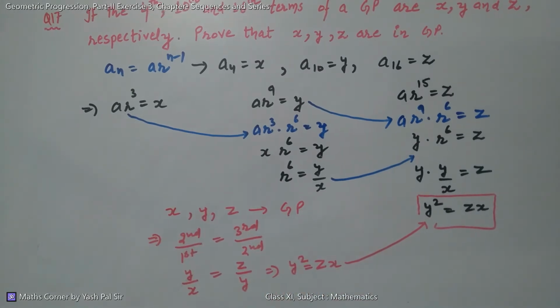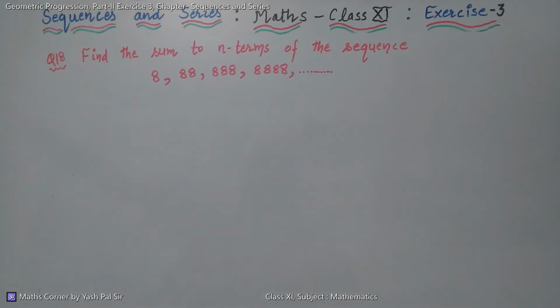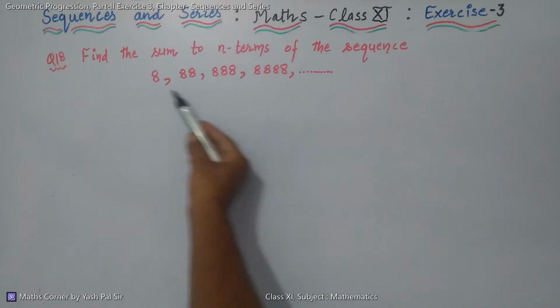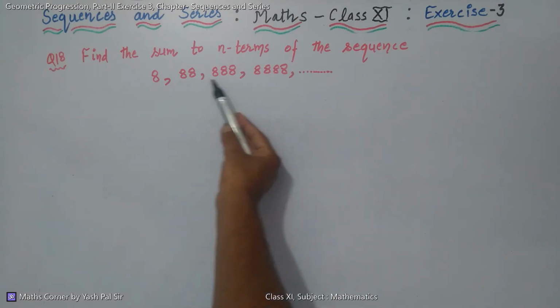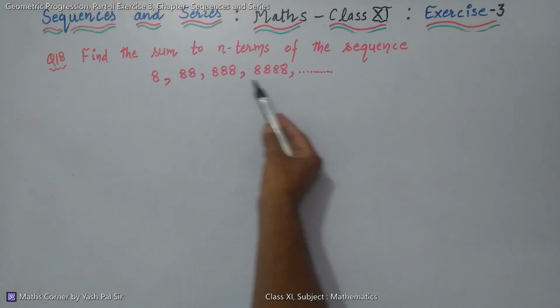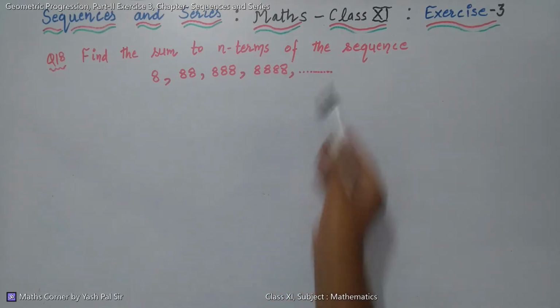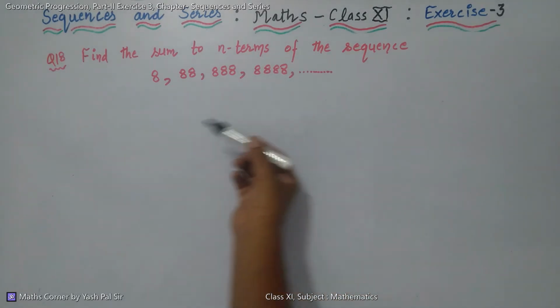Next question. Question number 18. Find the sum to n terms of the sequence 8, 88, 888, 8888 and so on. So here what is required?